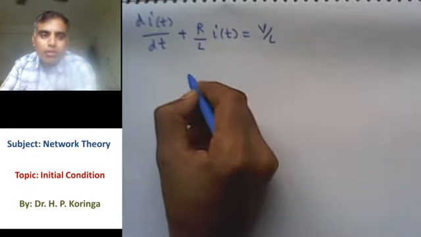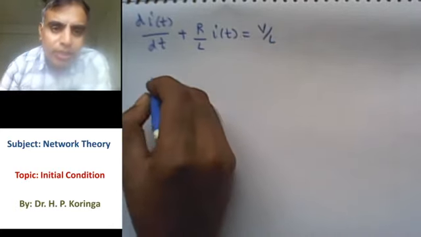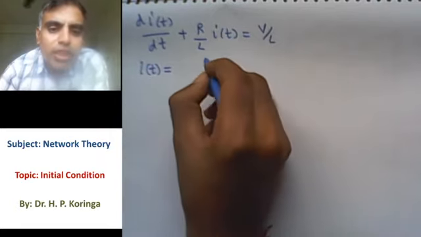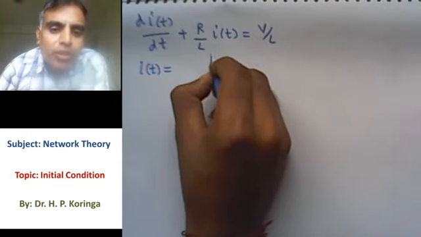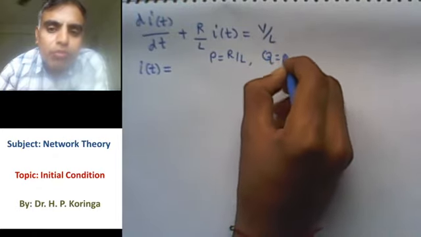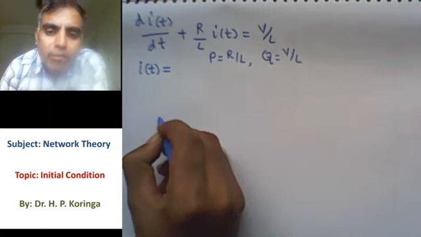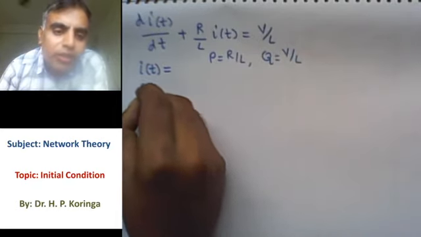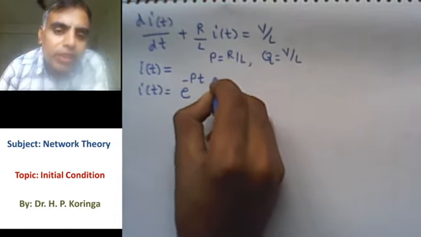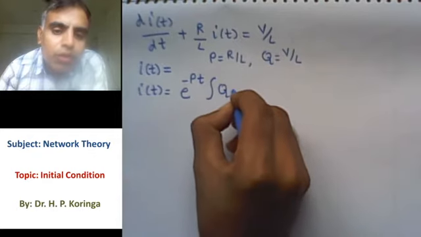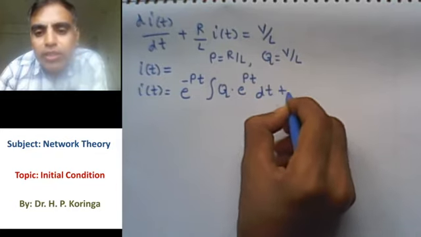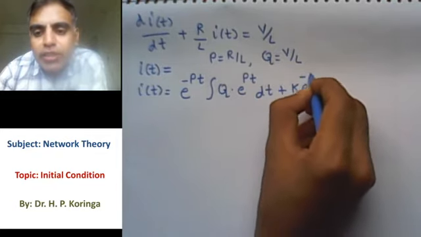Suppose I want to solve it using the P and Q method. You know, in the P and Q method, for the solution of a first order non-homogeneous differential equation, whatever the coefficient of I of t is, that is P. So R upon L is the value of P, and the constant is Q, V upon L. I of t is e raised to minus pt integration of q into e raised to plus pt dt plus k e raised to minus pt.